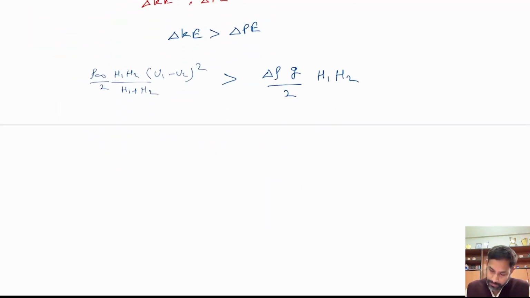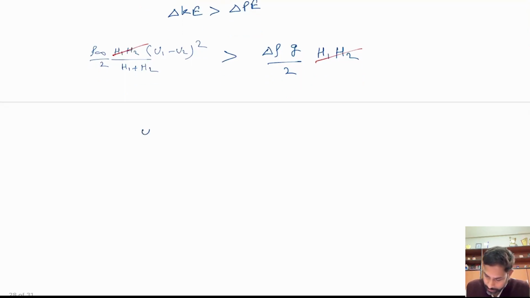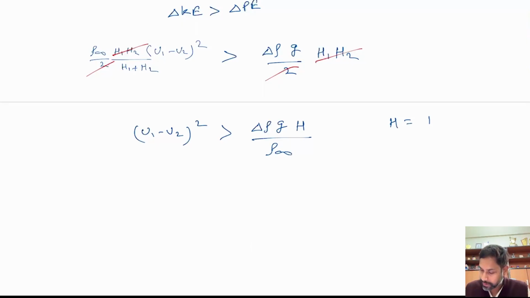So now if you want to simplify this equation, h1 h2 gets cancelled, and what we get here is this. So (u1 minus u2) squared, here 2 also gets cancelled, must be greater than delta rho g h over rho infinity, where h here is h1 plus h2, and rho infinity is the reference density, and this reference density must be of the order of rho 1 and rho 2.